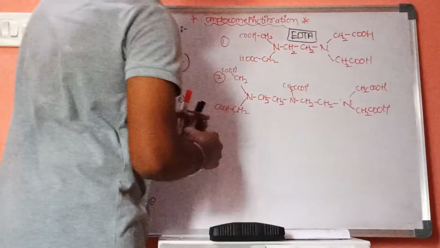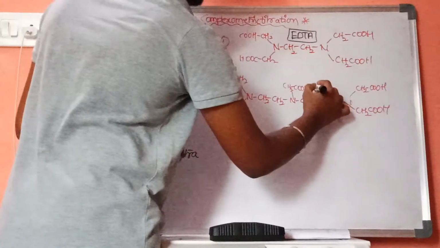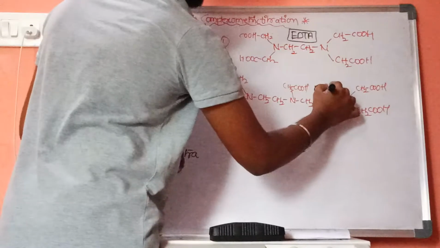It contains 5 acetic groups. This is DTPA.